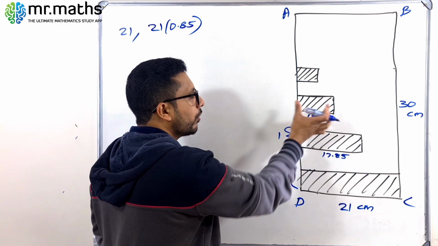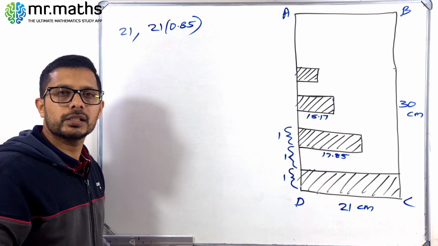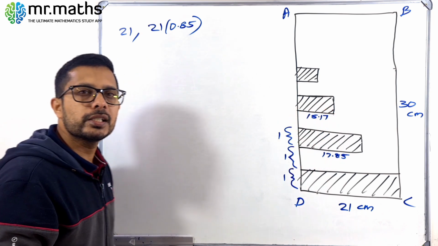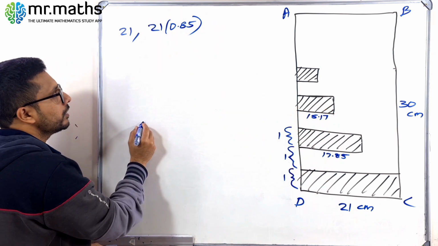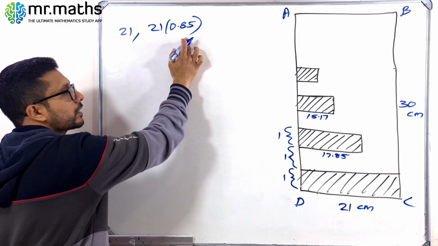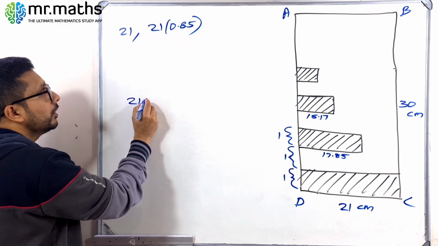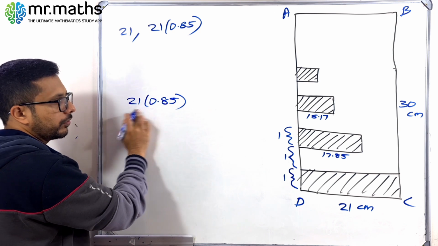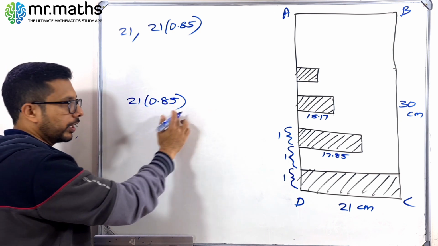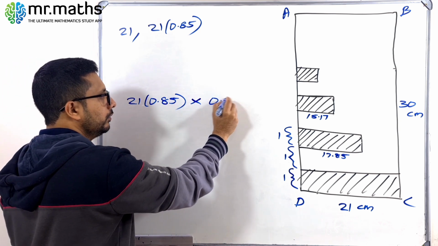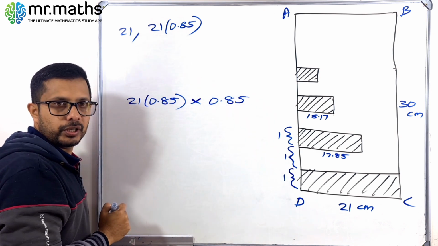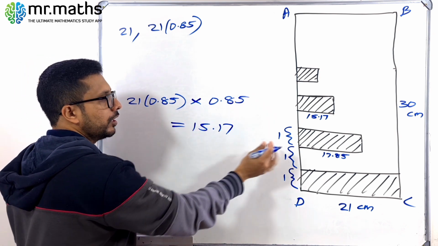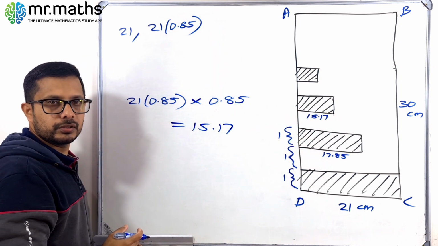Then how can I find the length of the third shaded one? It is easy to find like this, guys. Multiplying this answer again, you will get 21 times 0.85, that is our 17.85, again times 0.85, so there you will get 15.17. You understand?